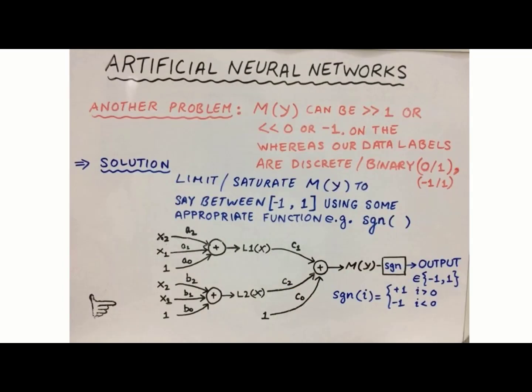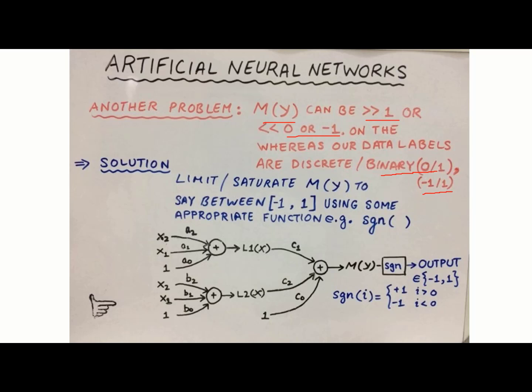Another problem is that output M of y has a value which may not be bounded. It can be much greater than 1 or much less than 0 or minus 1. And this is somewhat inconsistent with the data point labels, which are usually binary, 0, 1 or minus 1 and 1.